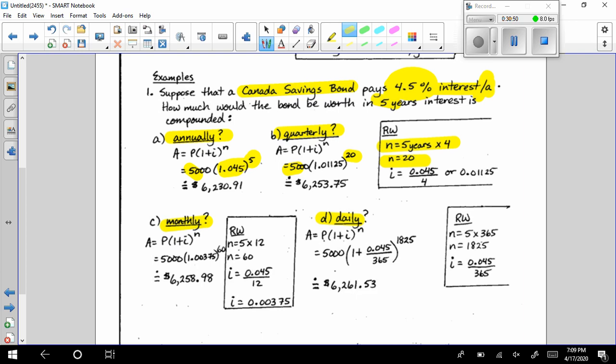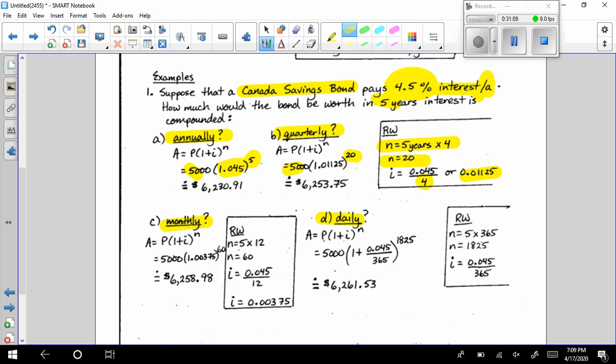When they do the interest calculation after the first quarter, they're going to be using this. So in each quarter, they earn this amount of interest, and 4 of these adds up to the original 4.5%.